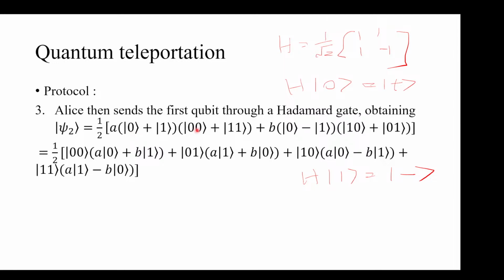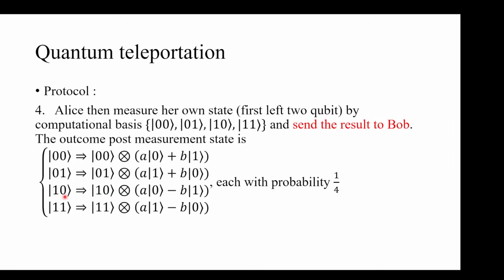So you see that there are 8 terms here, and there are 8 terms here, and then you check that, hopefully we didn't make a typo here. Okay, so we have those different states. This is psi 2, and we write it in terms of what is on the first two qubits. So for 0 0, you have all 4 possibilities: 0 0, 0 1, 1 0 and 1 1.